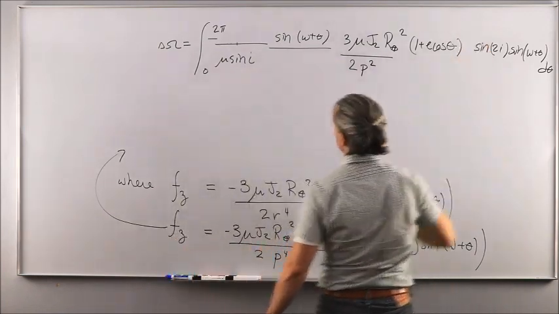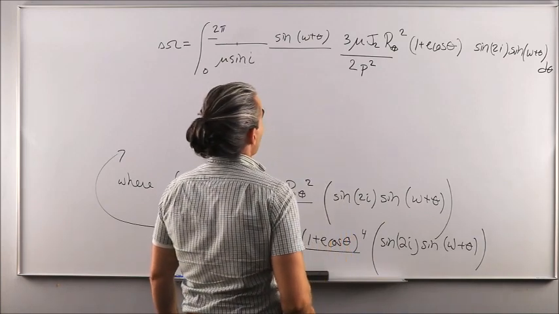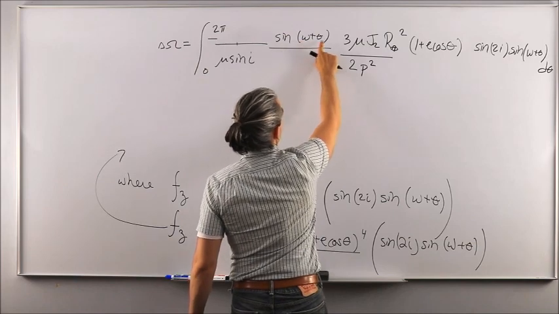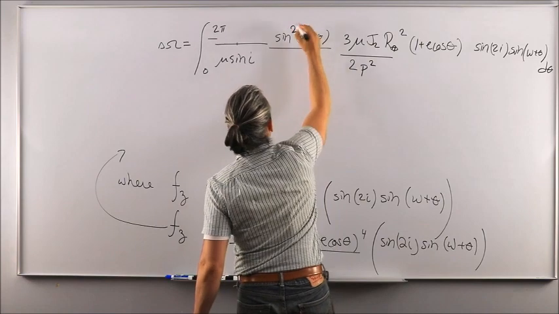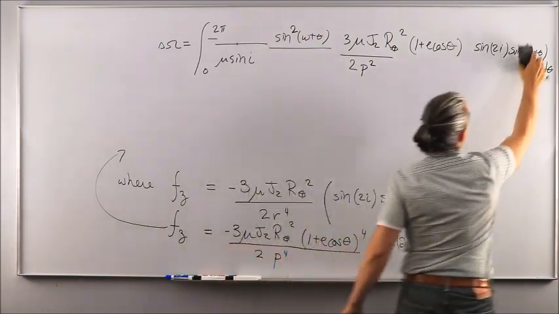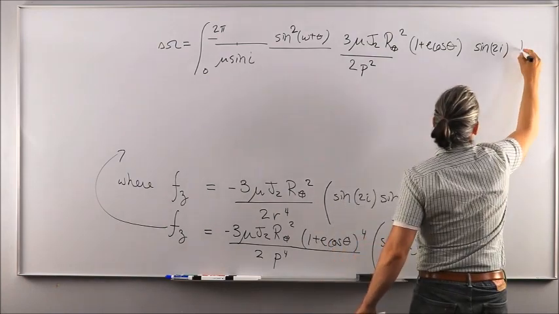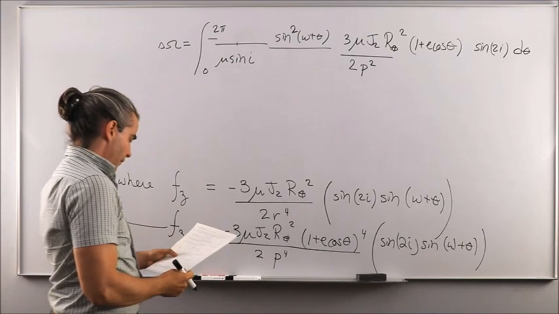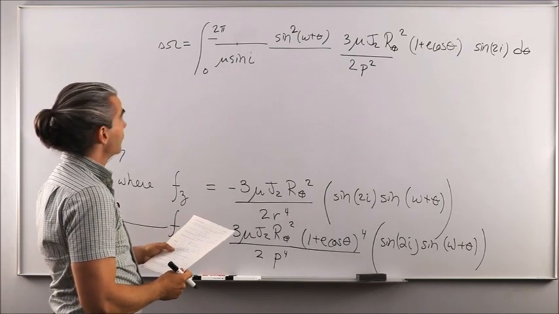I have this term twice, sine omega plus theta, sine omega plus theta, so this is now squared.